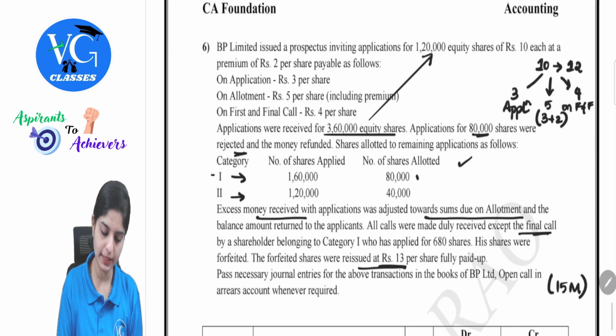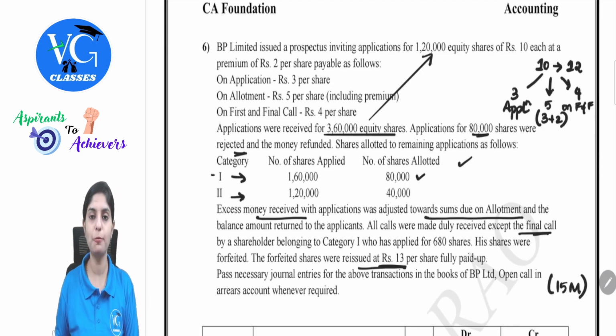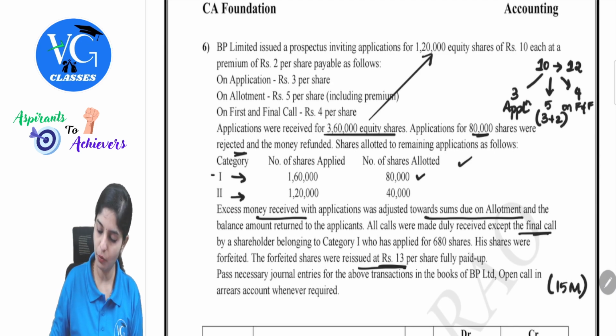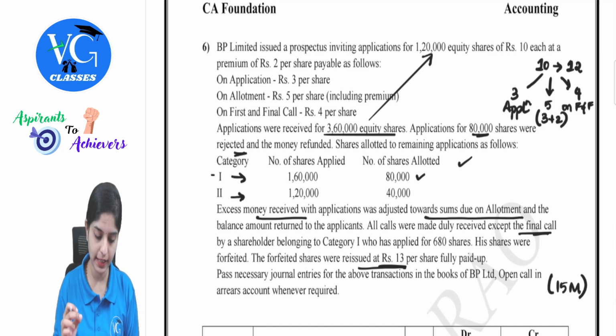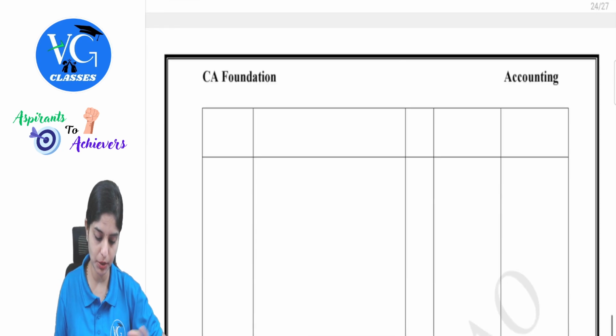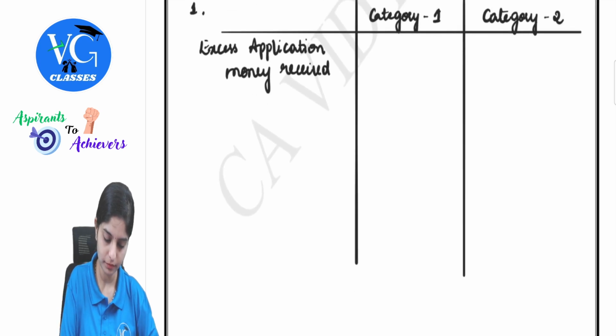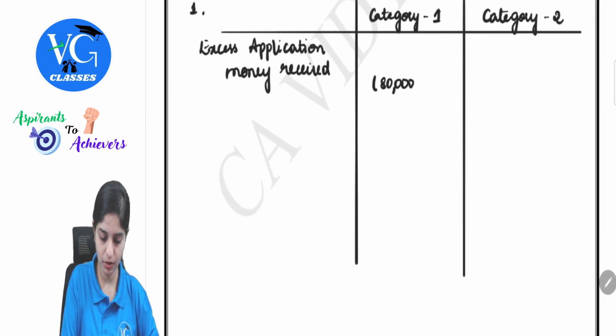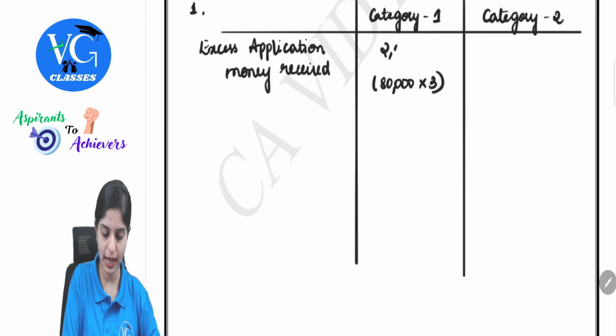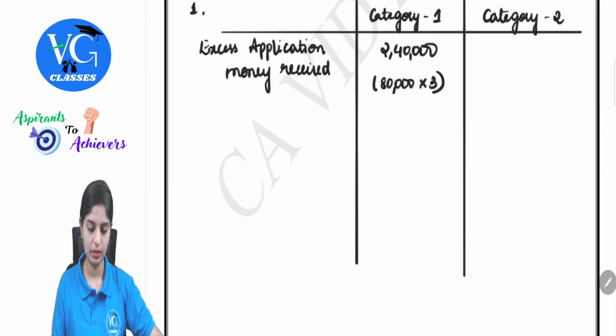Number of shares allotted is 80,000. Number of shares applied for is 1,60,000. So 1,60,000 minus 80,000 is 80,000. Application money is 3 per share. 80,000 into 3. This is 2,40,000.